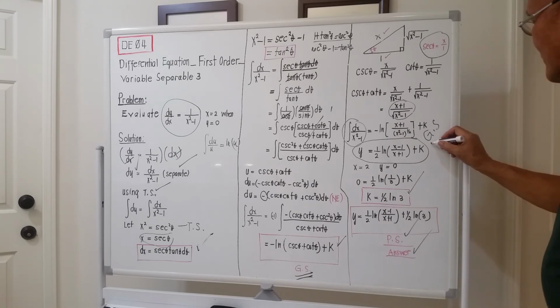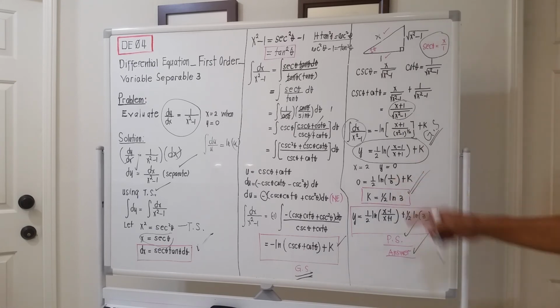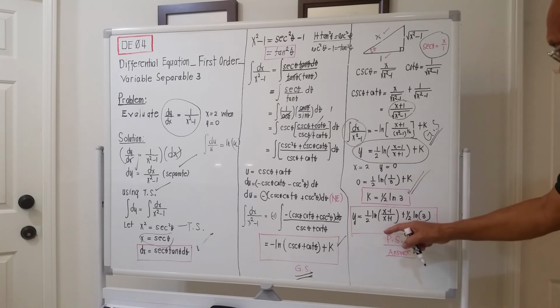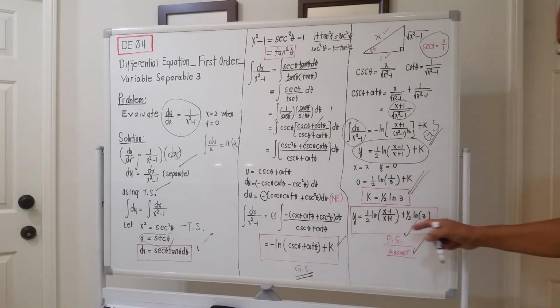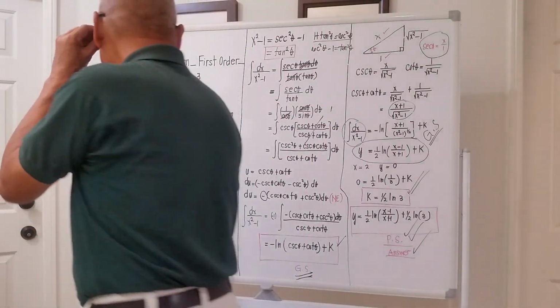For y, it will be this as a general solution. K will be 1/2 the natural logarithm of 3. Final answer for the particular solution: 1/2 natural logarithm of x minus 1 over x plus 1, plus 1/2 the natural logarithm of 3. That is variable separable.